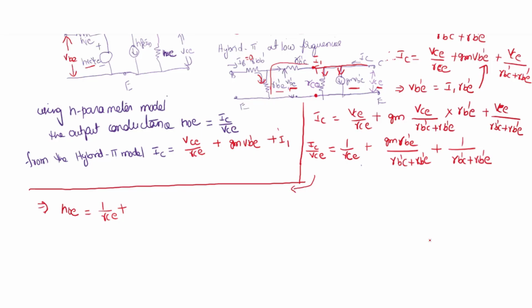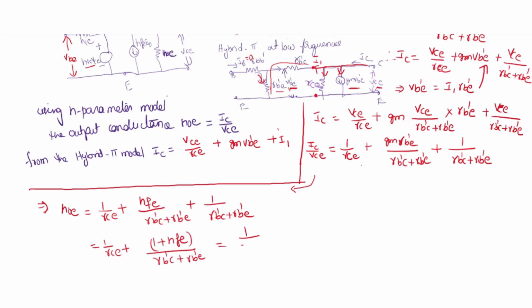So your GM is HFE by RB dash E. Therefore, GM into RB dash E can be written as HFE. So HFE divided by RB dash C plus RB dash E, plus 1 by RB dash C plus RB dash E. That is equal to 1 by RCE plus 1 plus HFE divided by, taking the LCM, RB dash C plus RB dash E.